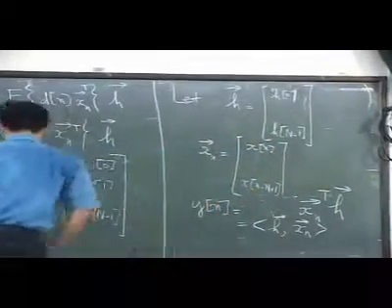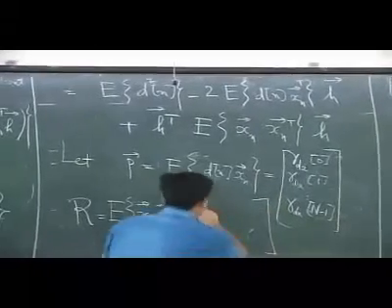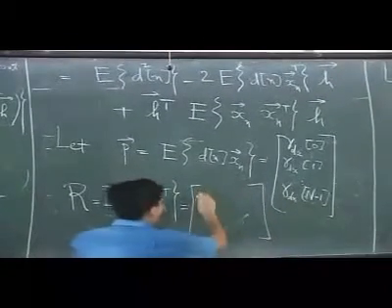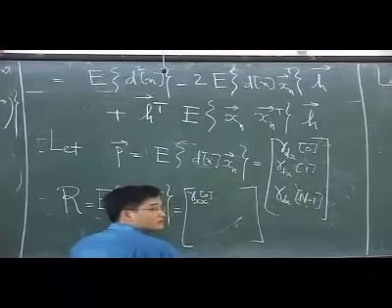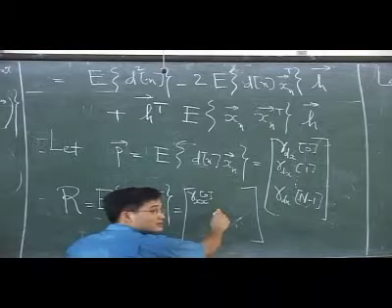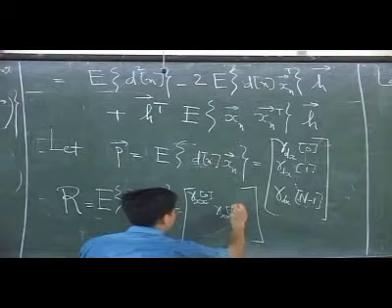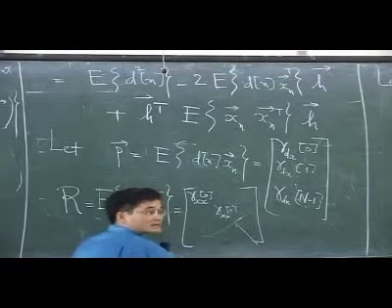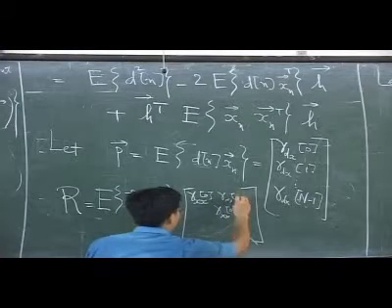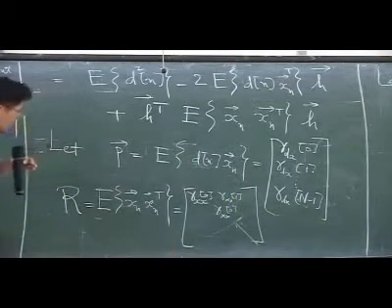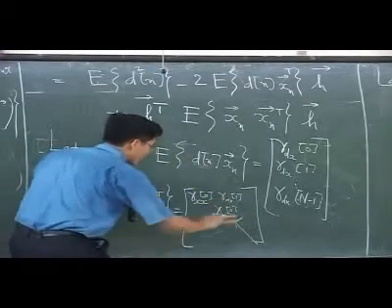So for example, what is the first entry going to be? The autocorrelation of x at 0. How about another one? Also the autocorrelation of x at 0. How about this here? The autocorrelation of x at 1. It's a messy matrix, but I hope you see the pattern.